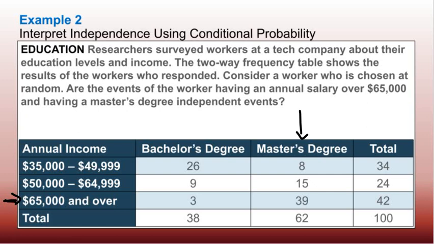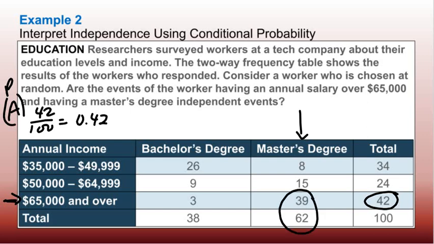So first we want to find out what's the probability of making 65,000 or more. There are 42 people making 65,000 or more out of 100. So 42 out of 100 gives us 42%. This is the probability of A. Now for the probability of B, given that A happened. Given that they make 65,000 and over, what is the probability that they have a master's degree?